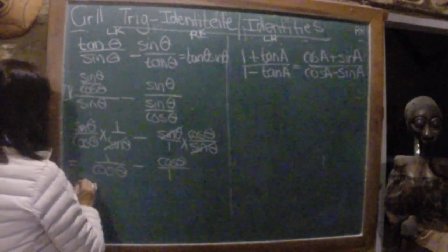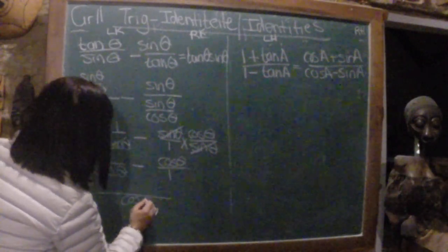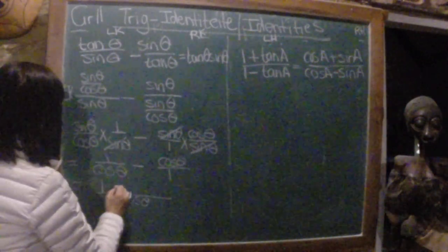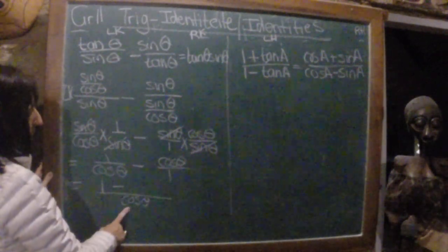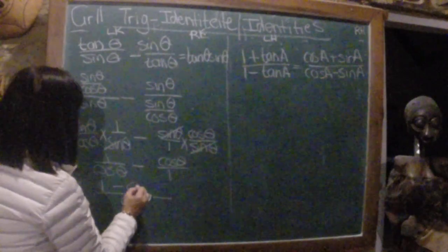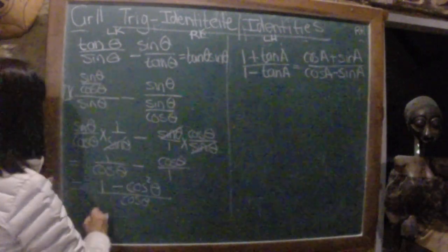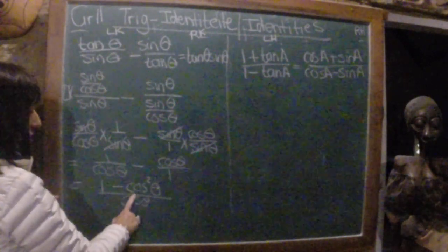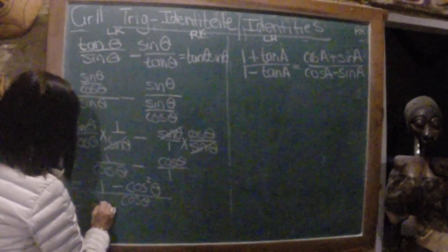So let's put that on a common denominator. Ek het vir cos theta 1 minus, en as ek 1 maal met cos theta, dan moet ek dit bo ook doen. So ek het cos kwadraat theta.